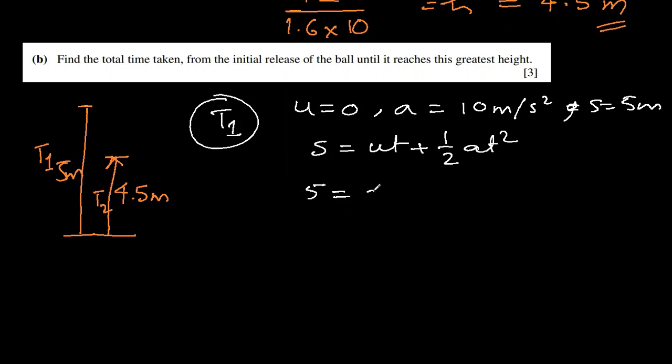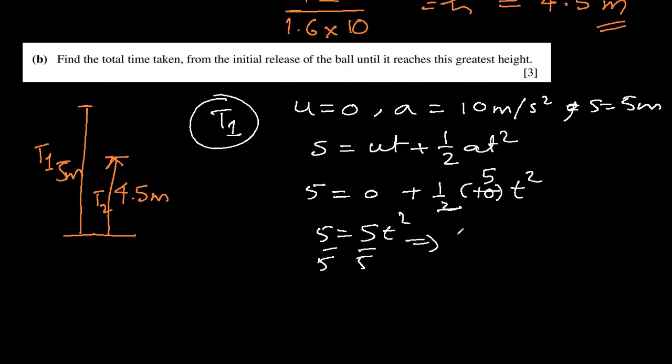So s is 5 meters, u is 0, and multiplying with t will make it 0. So half times 10 t squared. So this cancels with this 5. Okay, so 5 equals 5t squared, divide both sides by 5. That means t squared becomes 1, and if we square root both sides, we'll take the positive time only, t equals 1 second to drop.